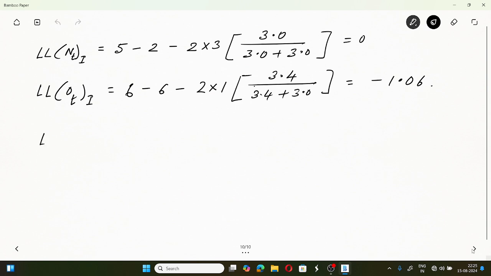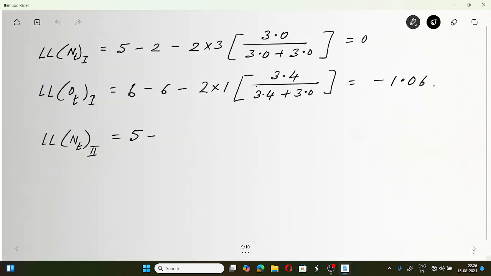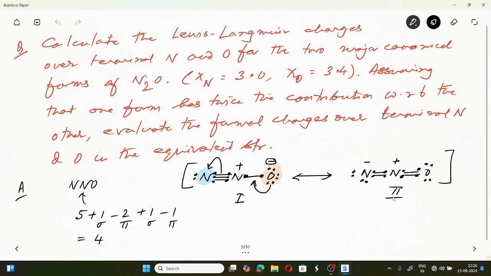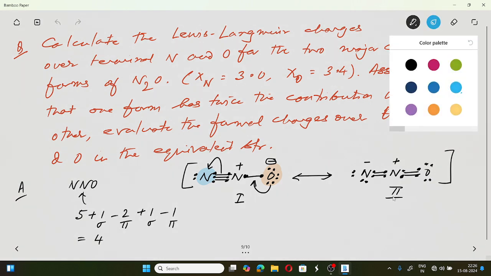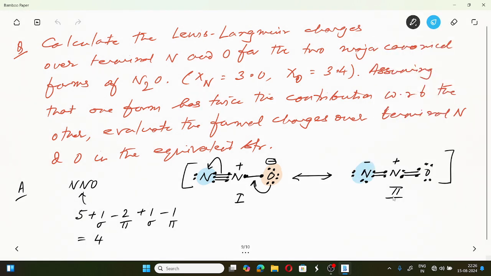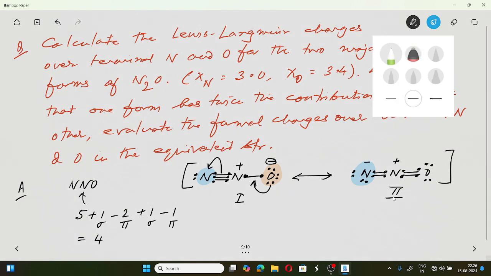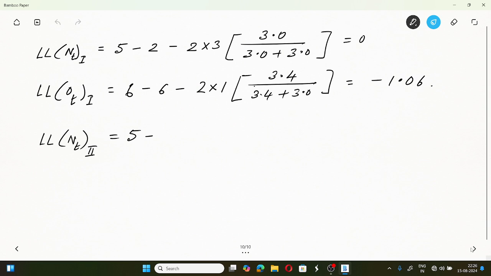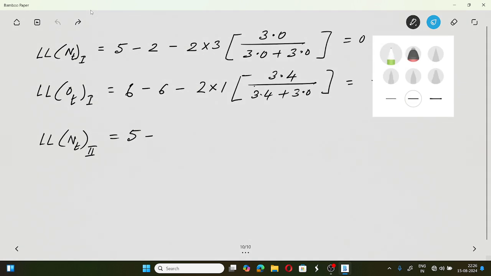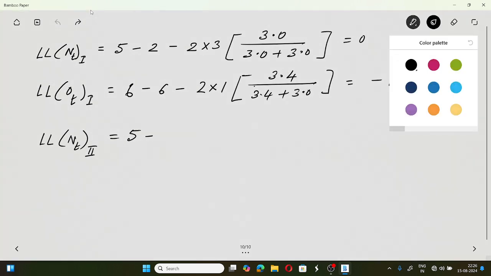for structure 2, the Lewis-Langmuir charge for the terminal nitrogen in structure 2: the valence electrons of nitrogen will be 5 minus how many electrons in the lone pair? Look at structure 2 and at the terminal nitrogen. This one. So how many electrons in the lone pair? 4. Total 4 electrons in the lone pair. And it is forming how many bonds?